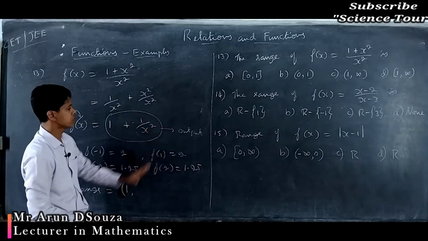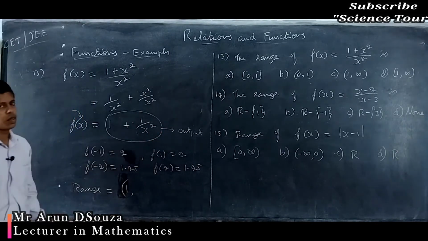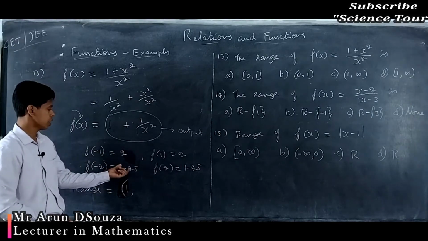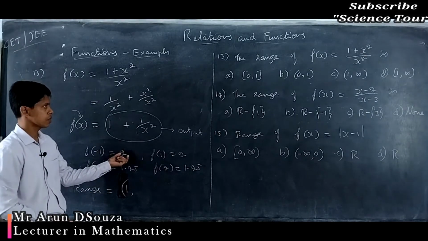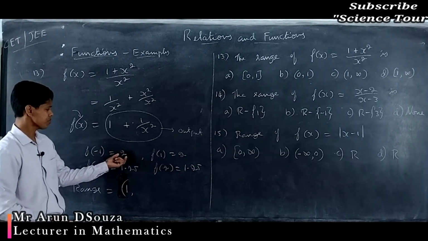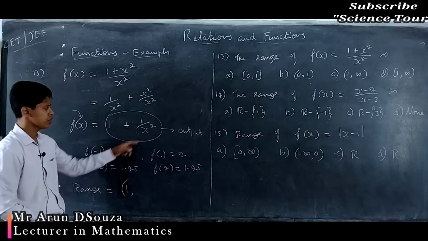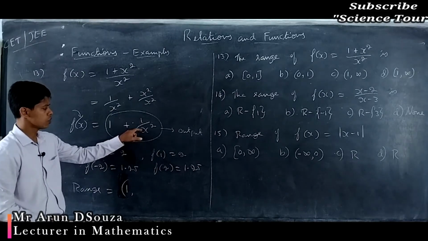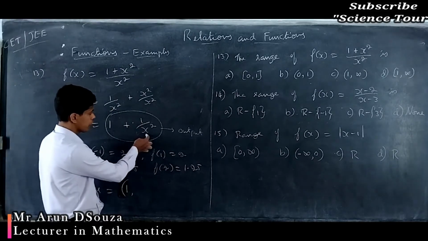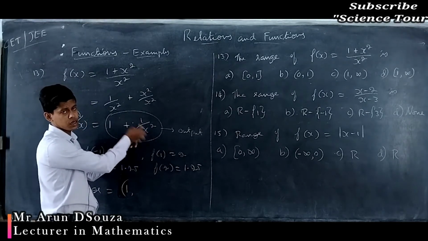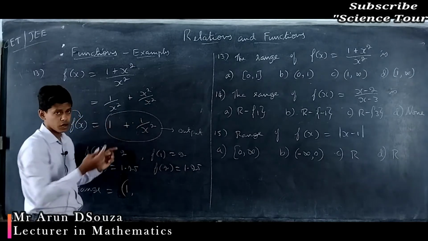And what is the maximum that is possible? For minus 1 you get 2, but you will get even more than that. If x is 0.1, then x square will be 0.01, so 1 by 0.01 is 100, so 101 you are getting.